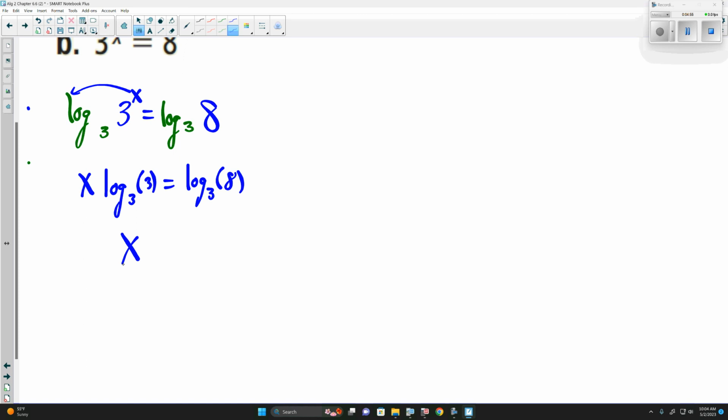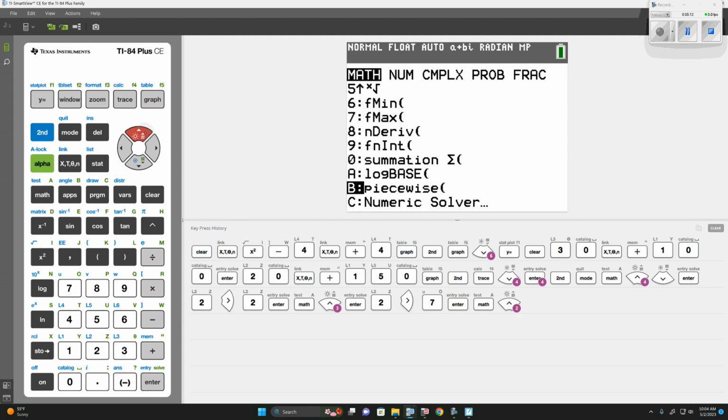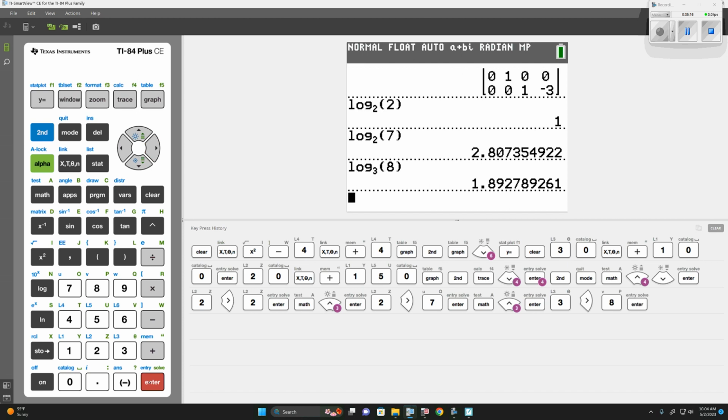The log base 3 of 3 is indeed 1, so we just have x by itself is equal to log base 3 of 8. Now we just need to evaluate log base 3 of 8. So we can go math, log base 3 of 8, which is 1.8927 or 1.893.